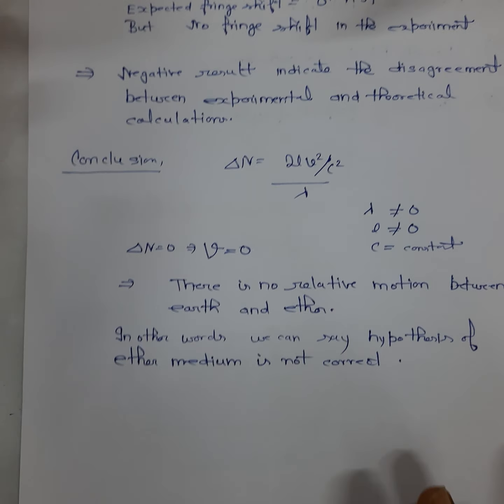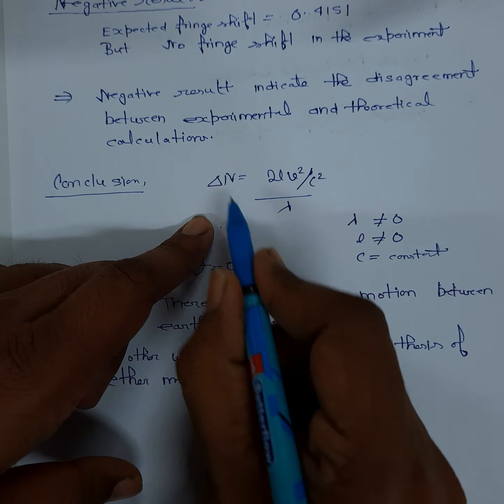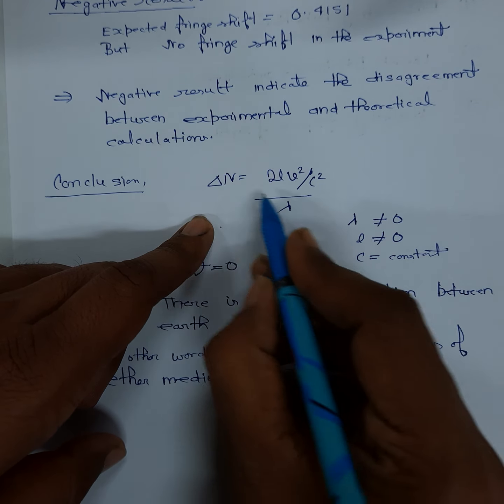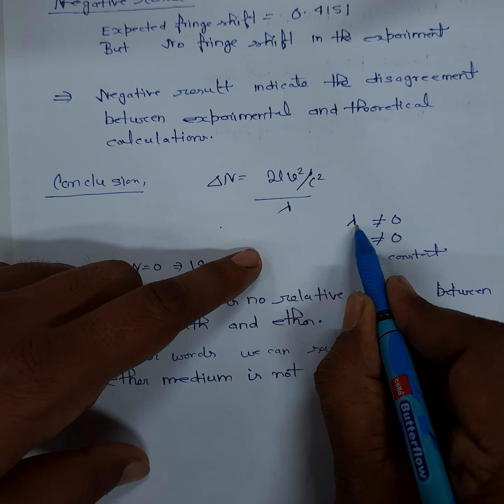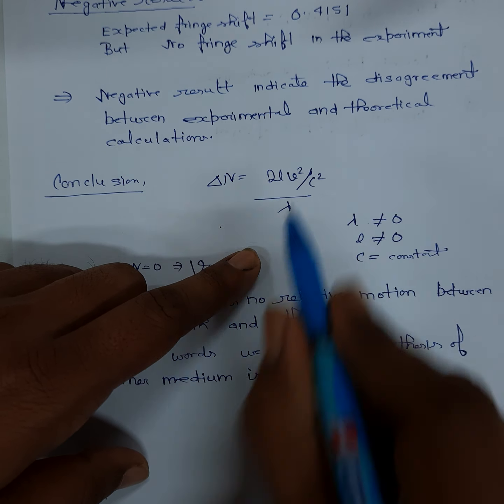So what conclusion was made? Let's see. This is the expression for fringe shift, as you have seen on the previous page. Here, lambda, the wavelength of light, is non-zero, L is non-zero, and c is constant.